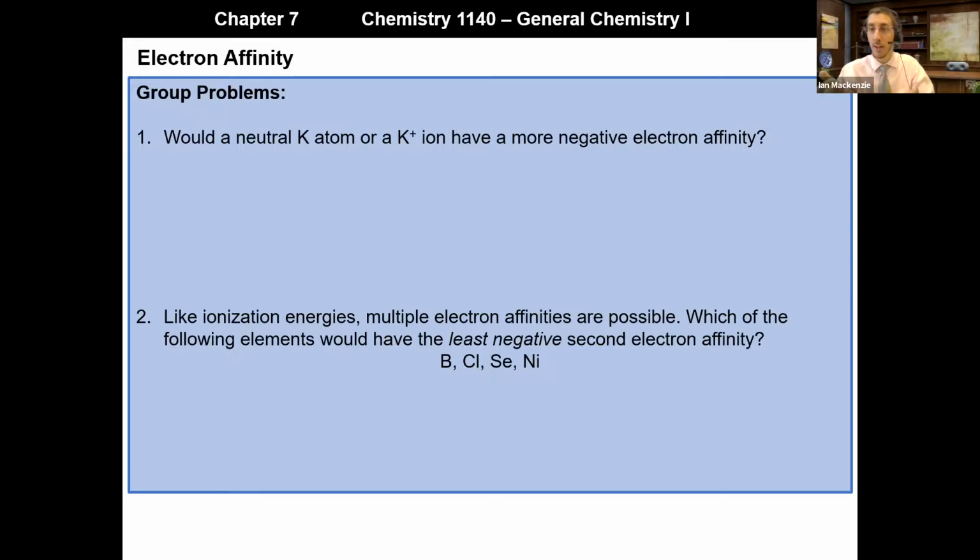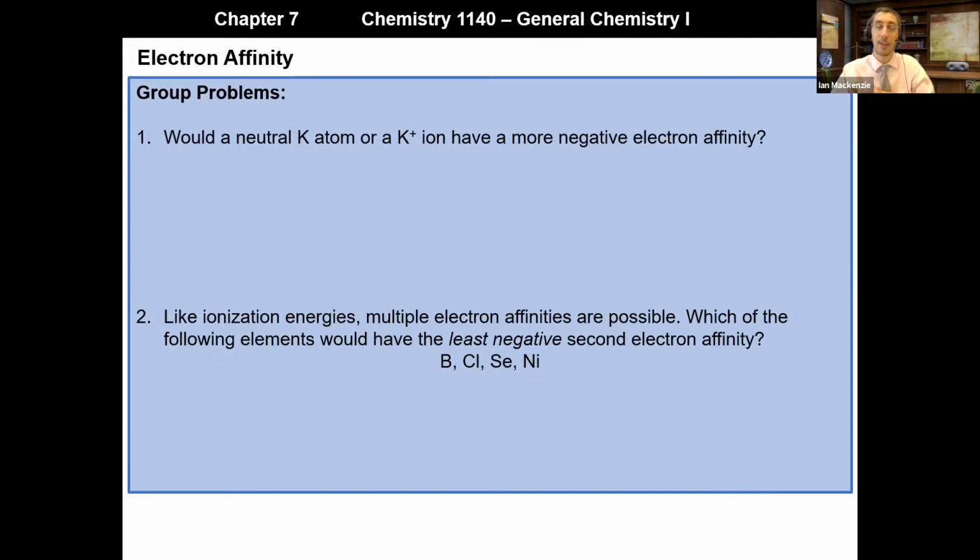So if we look at the electron configurations for each of these, you can write them out. Boron has 3 valence electrons. Its electron configuration would just be 1s2, 2s2, 2p1. Chlorine has 7 valence electrons, and so it ends up having a noble gas configuration, and then it should be 3s2, 3p5.